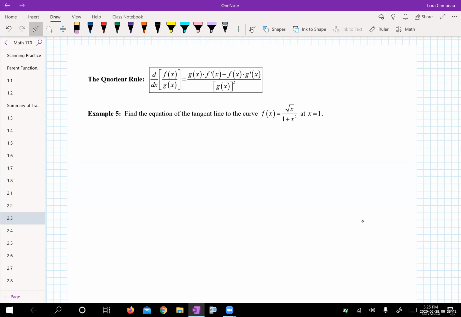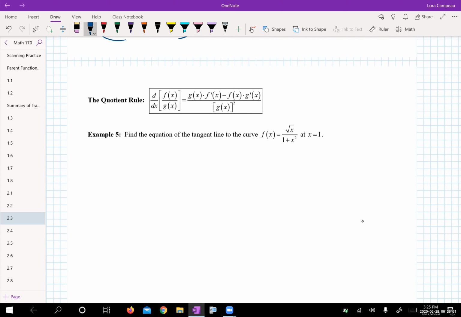So here we have it. We have ourselves the quotient rule. If I'm going to spell this out in English, this is the derivative of a quotient of two functions.